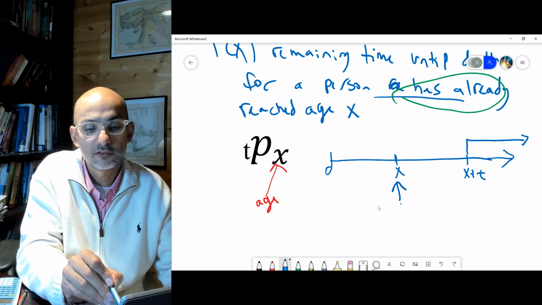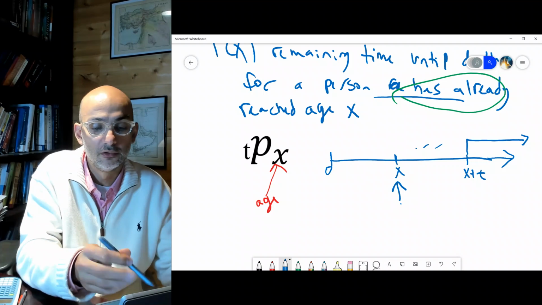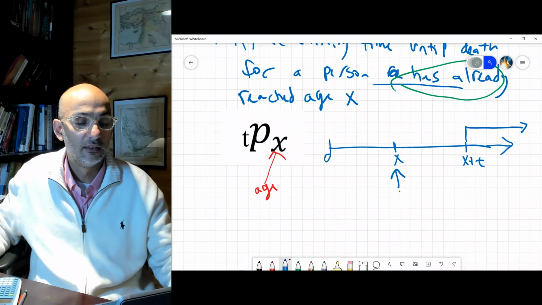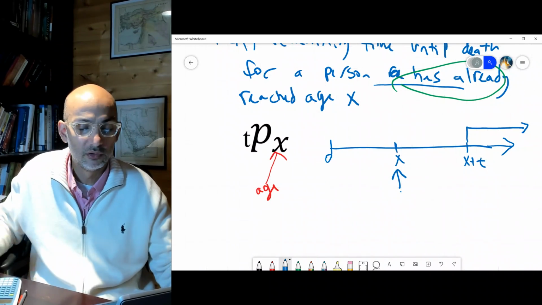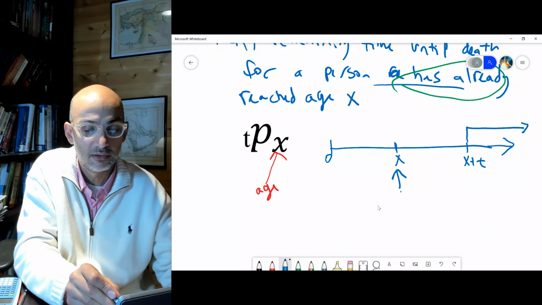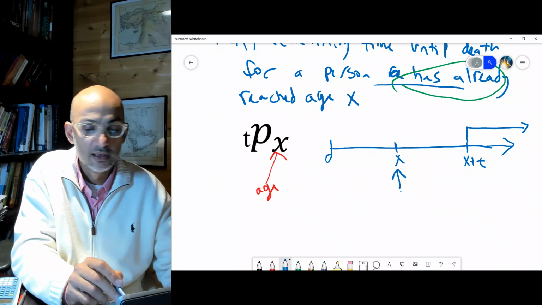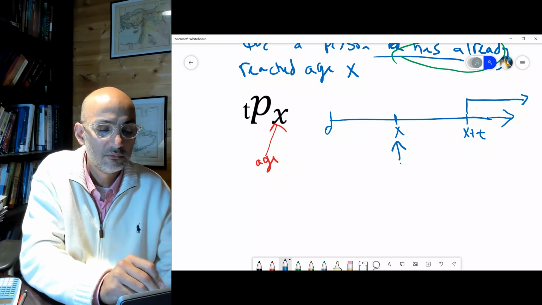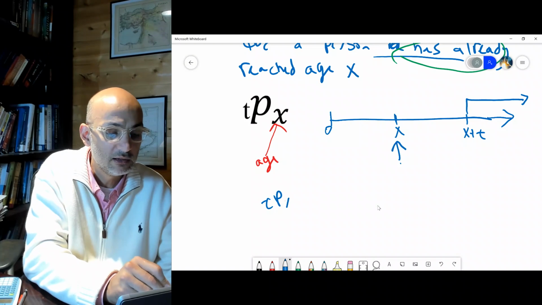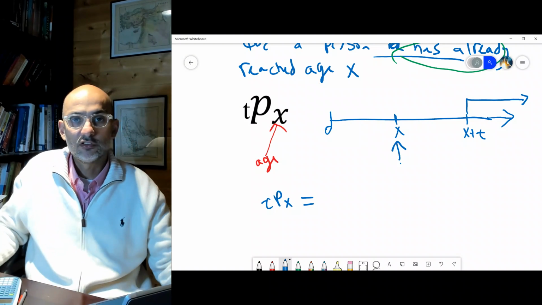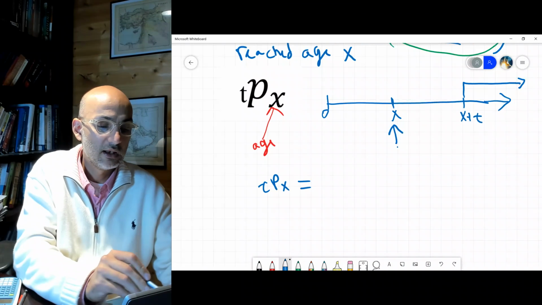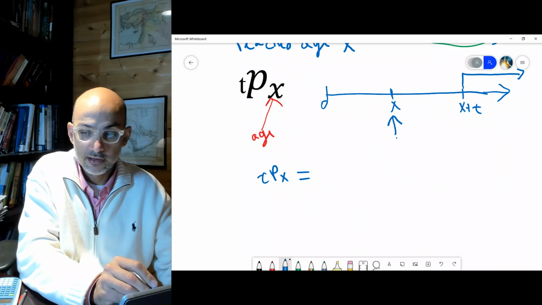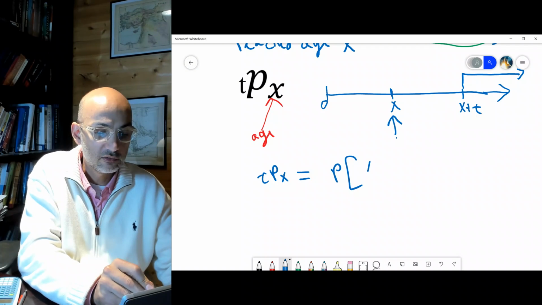So death will not happen here. Death will happen after this. So the life survives to x plus t. It makes sense, right? This is really the new notation, but it's actually the same. Like if you write tpx in our old language, this is a conditionality, right? Now we can use probability of X. What is X?